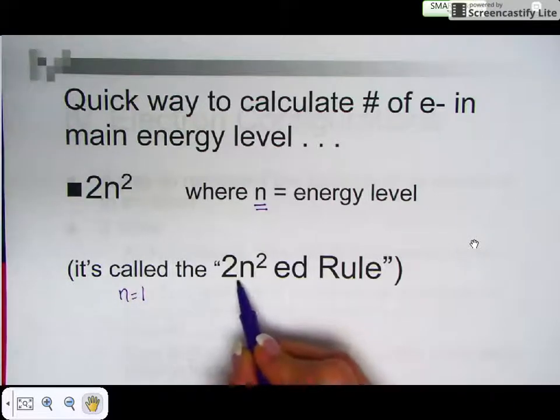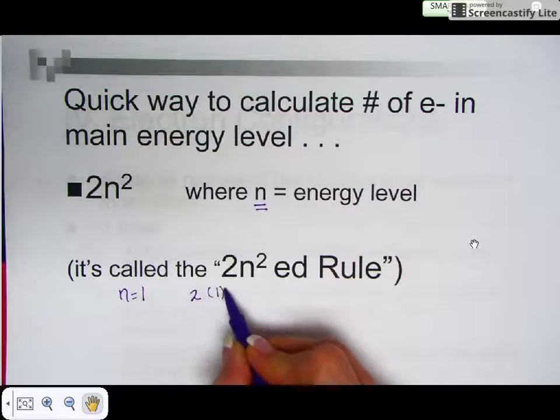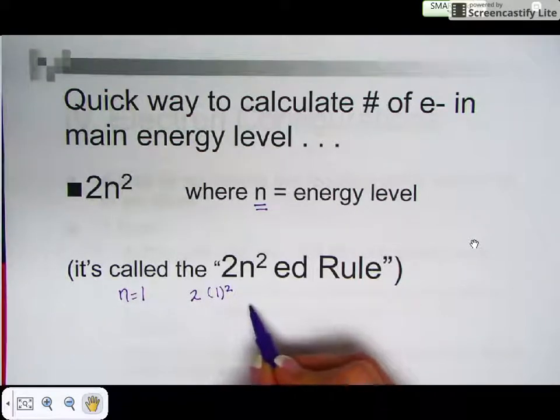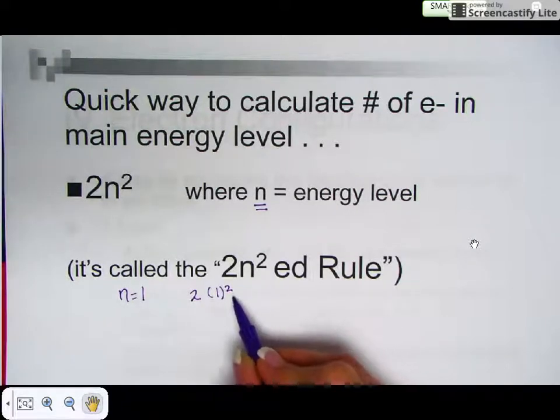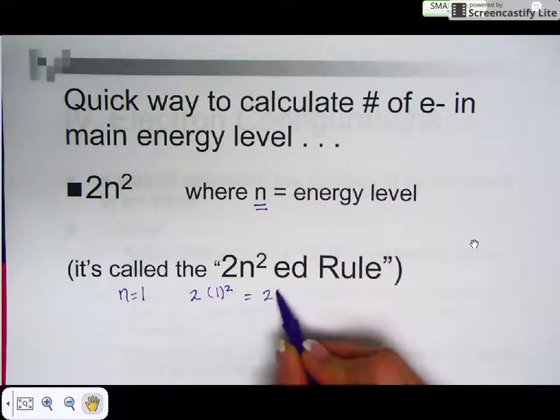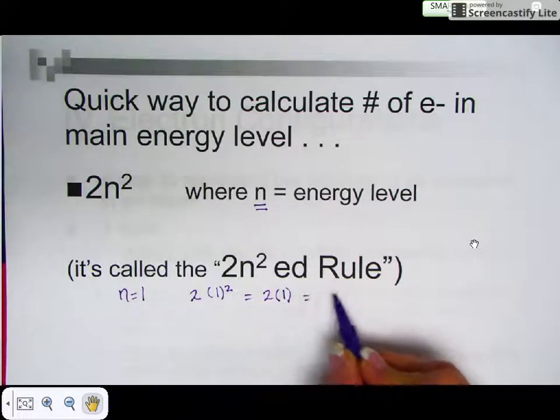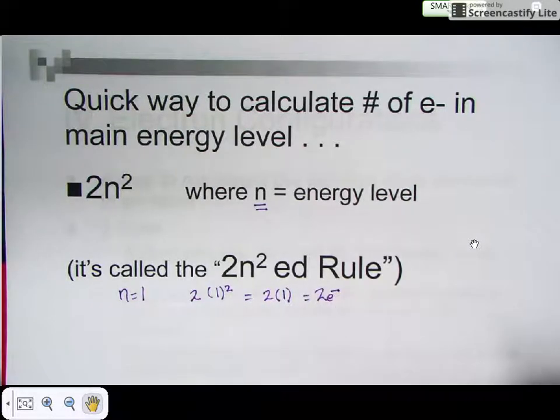So plug 1 into the 2n squared rule. 2 times 1 squared. Remember, you have to follow your order of operations here, so you have to square the 1 first. That's going to give you 2 times 1, and then 2 times 1 is equal to 2 electrons. So 2 electrons can fit in the first energy level of your atom.